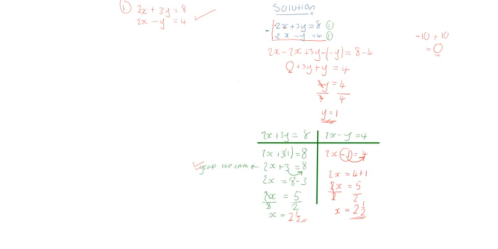So the secret when solving simultaneous equations is, once you identify these numbers which are the same, and they have the same sign, you are going to use negative. But if they had different signs, let's say the first one negative, the second one positive, then you're going to use positive. Is it clear?